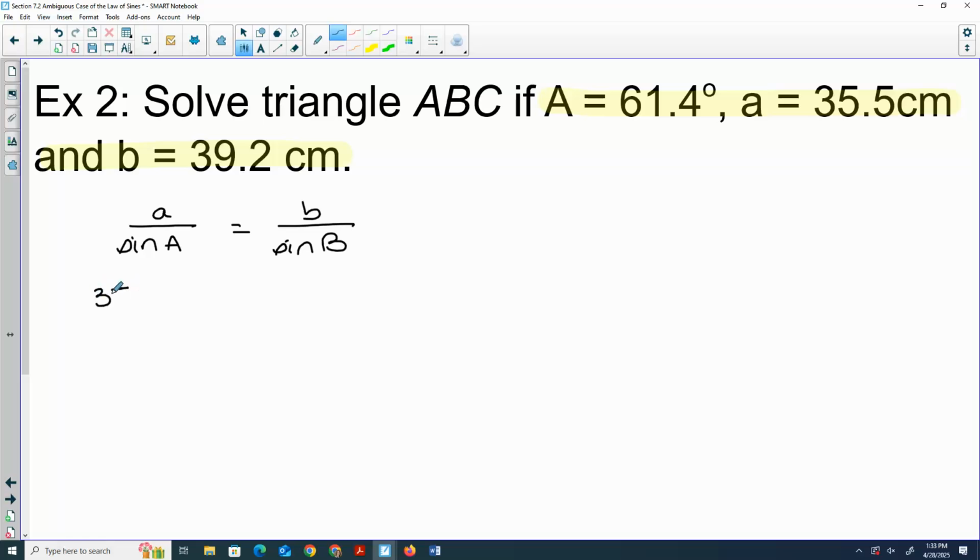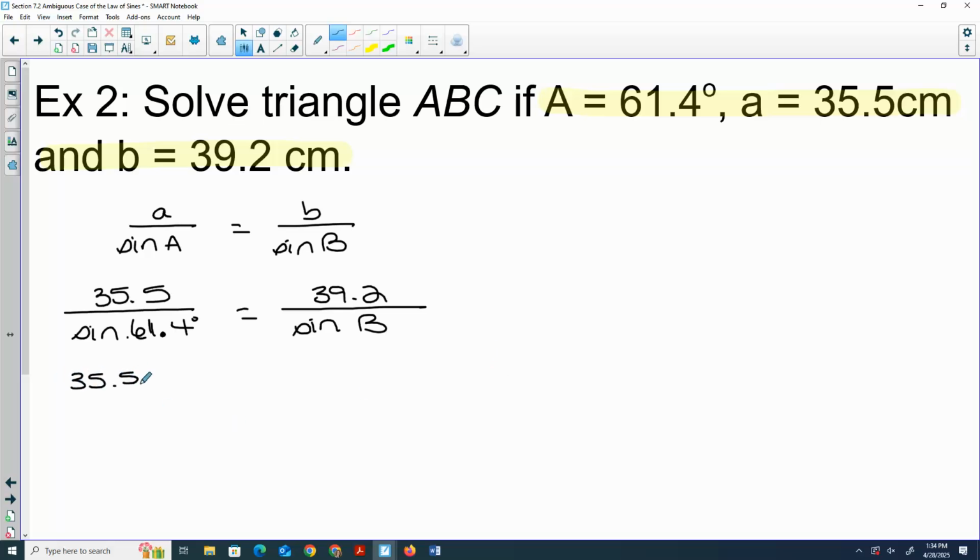So side A is 35.5, over the sine of 61.4 degrees, equals B, 39.2, over the sine of B. Cross multiply.